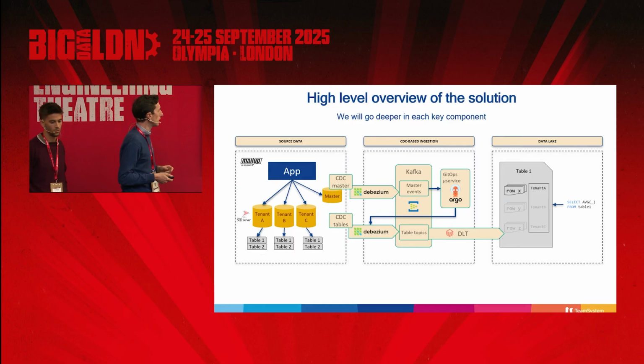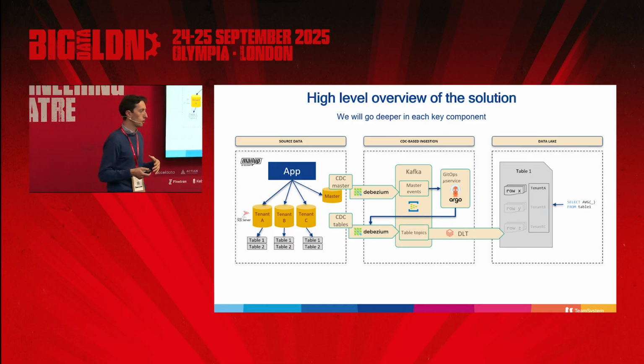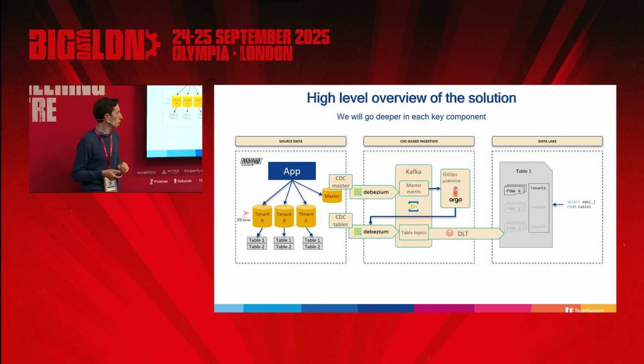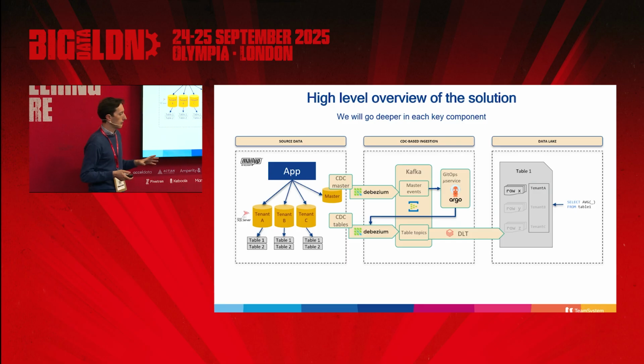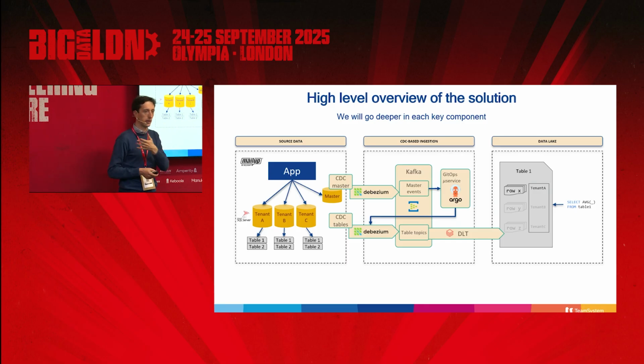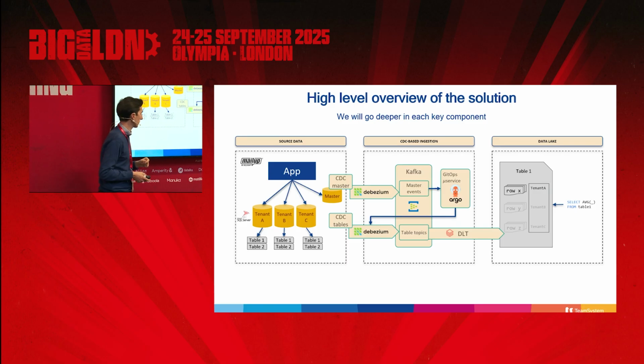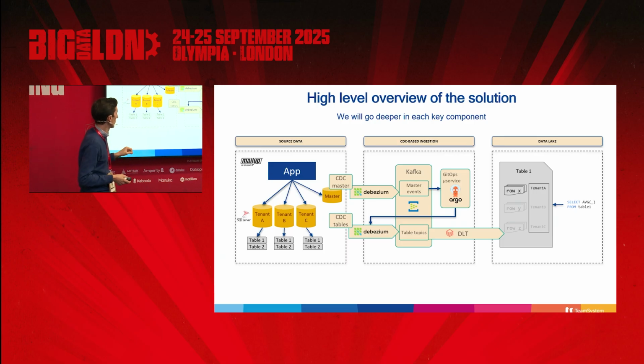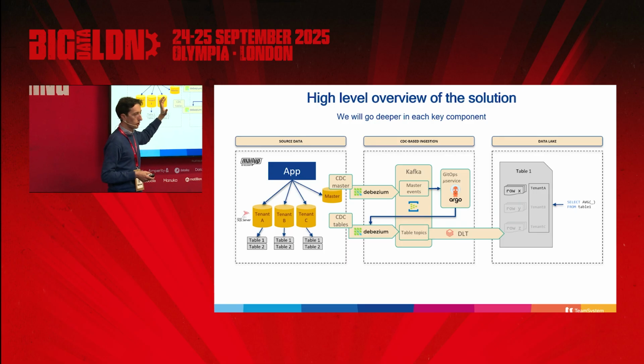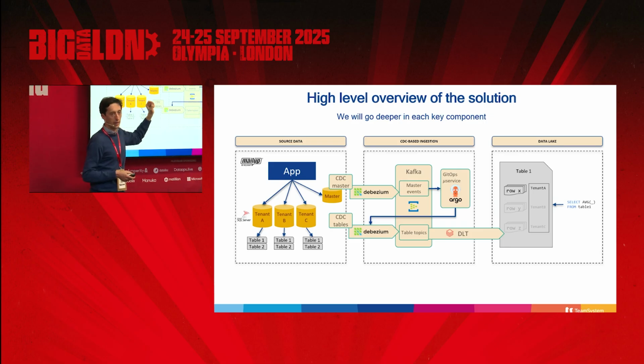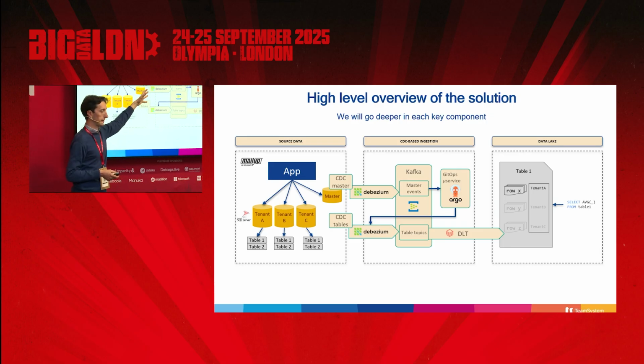So today, I will introduce you to a solution that we designed to tackle these challenges. I will give you a really high-level overview, then Andrea will go into more detail. The idea is as follows. First, have a change data capture job that is notified of the events that occur on the master database.